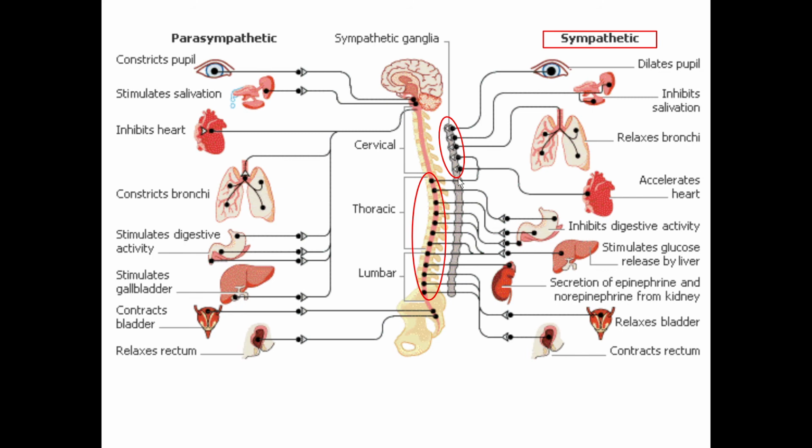And this gray region here that runs parallel to the spinal cord is called the sympathetic trunk. It is just a collection of ganglia, just those bulges in the spinal nerves that protect the places where these neurons synapse with each other.